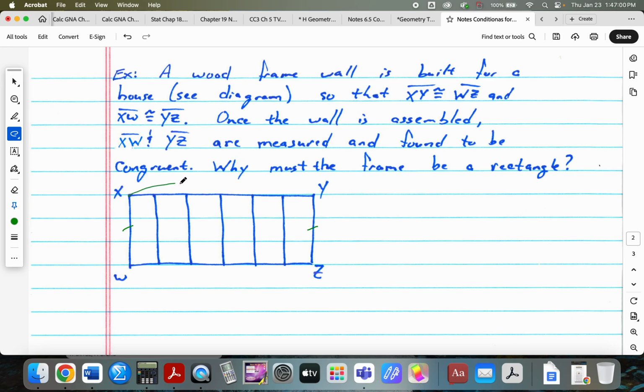If I know this top is congruent to the whole bottom, and I know the right side's congruent to the left side, what do I know it has to be? What kind of a figure has both pairs of opposite sides congruent? Less specific. Less specific than that.